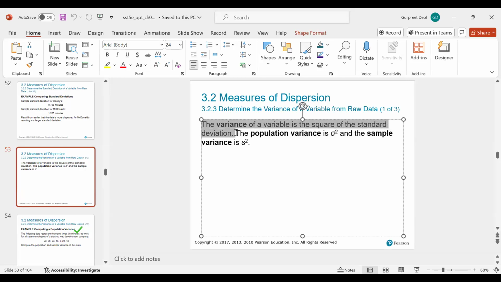We used the TI-84 to calculate the standard deviation. Whatever answer we find for standard deviation, if we square it, you will get the variance. So variance is the square of the standard deviation. That's the goal of sharing this slide right here. Now going forward with you.